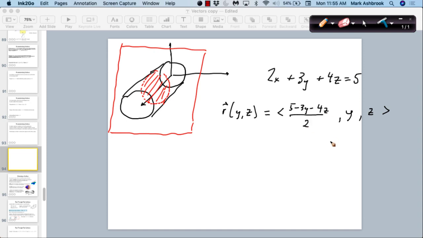Okay? So the thing that we're parameterizing is a plane, so the parameterization should be planar. But that's for what? Y squared plus z squared less than 16, strictly inside.